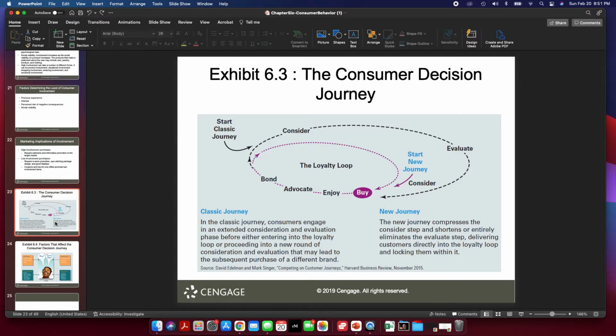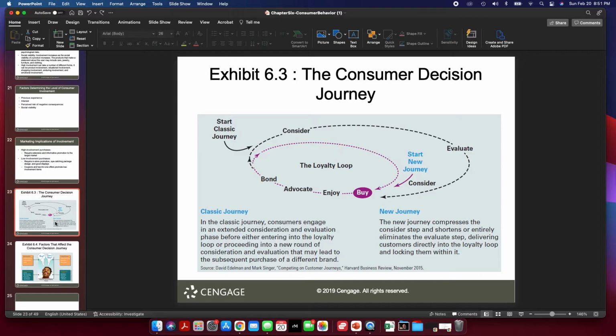In addition, when we look at the consumer decision journey, right, this is the new journey. The new journey includes the loyalty loop, right? It compresses or shortens the entirety of the evaluation step.